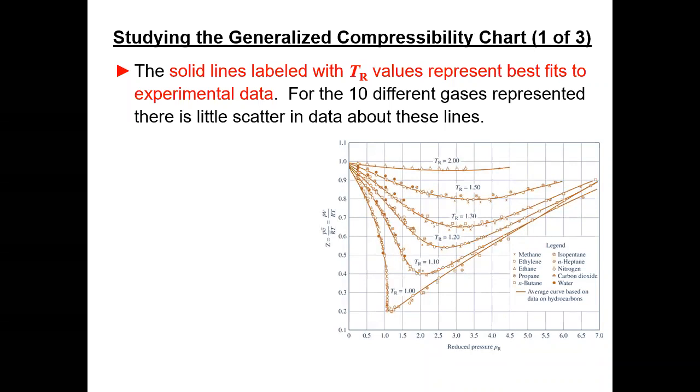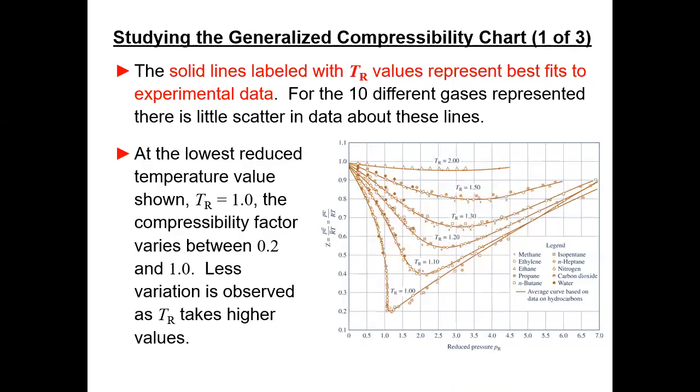Solid lines labeled with TR values represent best fits to experimental data. Like we said, there are 10 gases represented. There is little scatter, so it fits pretty well. At the lowest reduced temperature value shown, TR equals 1, the compressibility factor varies between 0.2 and 1.